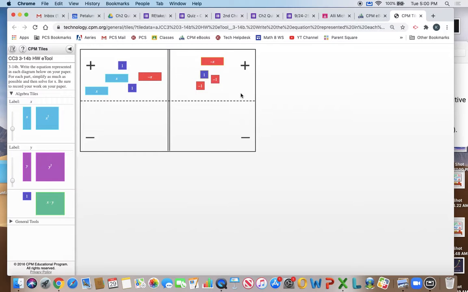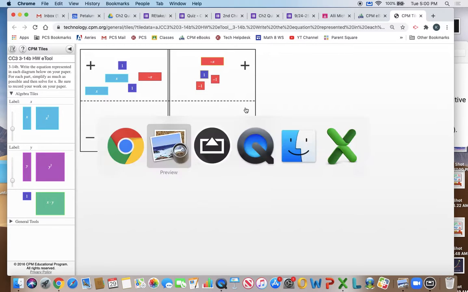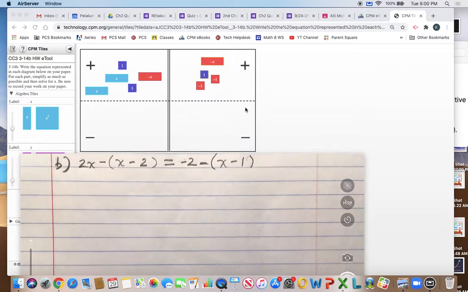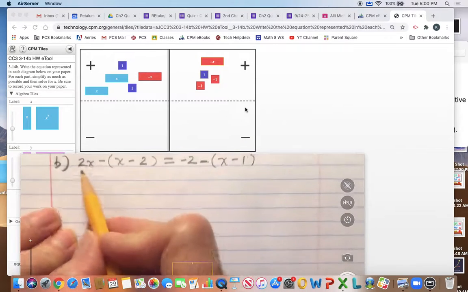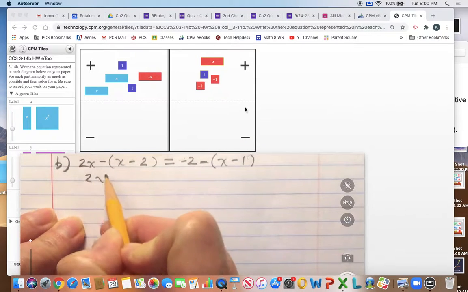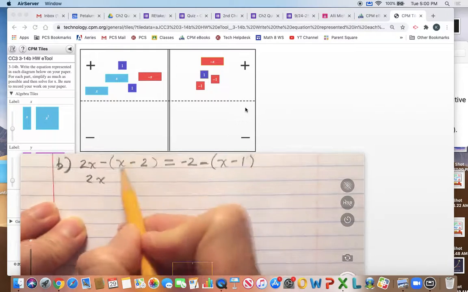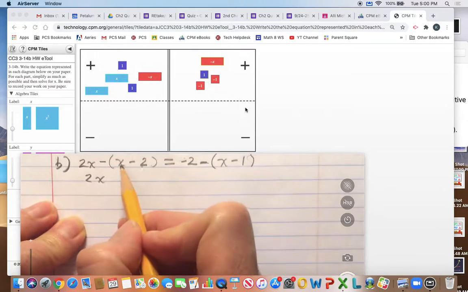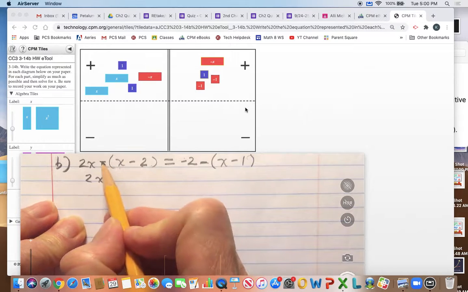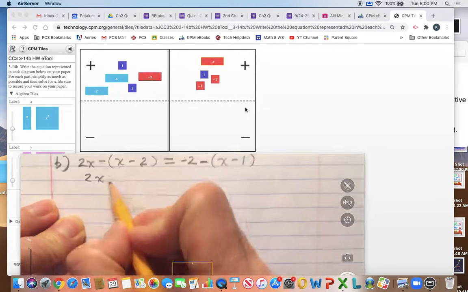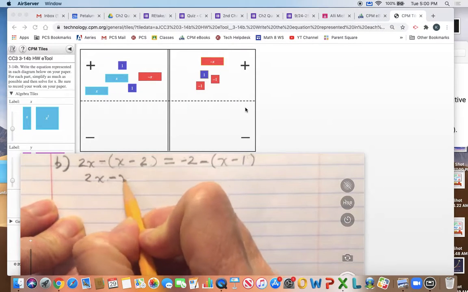Okay, so now that I've done that, I see that I have some opportunities, but let's record our work first. So here we go. We've got the 2x, and then we flipped the inside of these parentheses. And so this positive x is flipping because of this negative sign in front of it. So it becomes a -x.